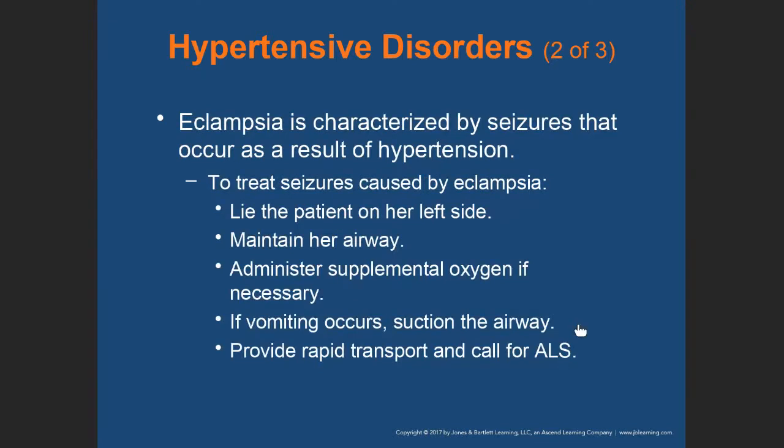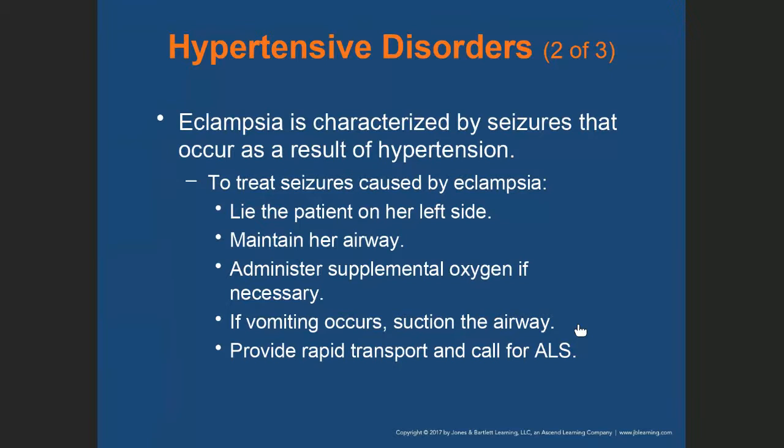Now, if the preeclampsia is not addressed, it will lead to eclampsia. So if the pregnancy-induced hypertension or preeclampsia is not managed effectively, it will lead to eclampsia, which is where they start to have seizures as a result of the elevated blood pressure.